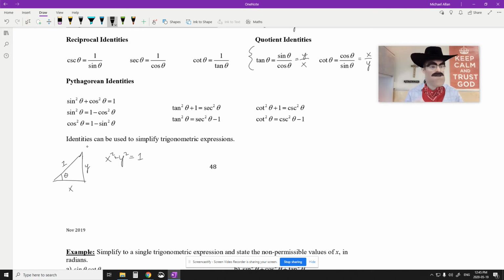Now, if I go back up to the top there, I can say, oh, cos is x, so this is technically cos squared. And sine is y, so this is sine squared theta. It is equal to 1. So that's where this first identity comes from. The other identities are just rearranging it. Let's divide over the cos squared, let's divide over the sine squared. So these just all come from rearranging each other.